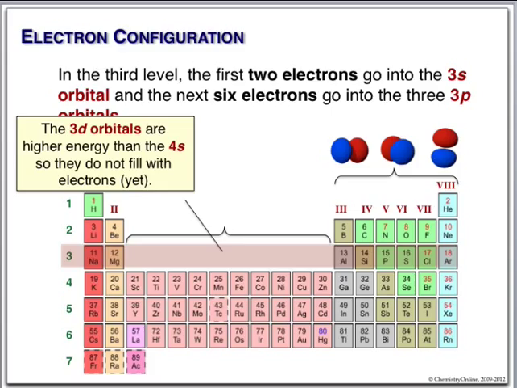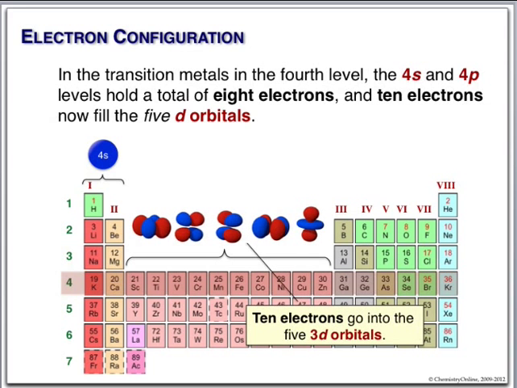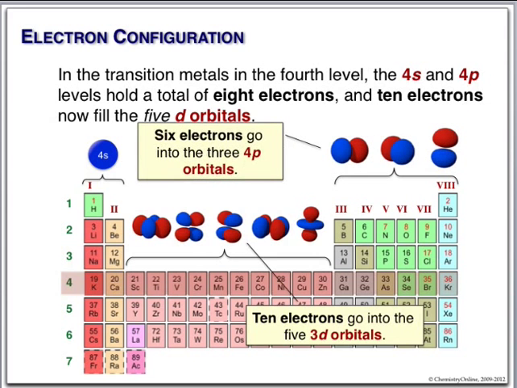You don't need to worry about that. But as far as the first 3 periods, all we're doing is putting in S and P electrons. In our 4th period, we fill up the 4s, then we fill up the 3ds, and then over here we'll do the 4p's. But again, we're not going to do the 4th level.